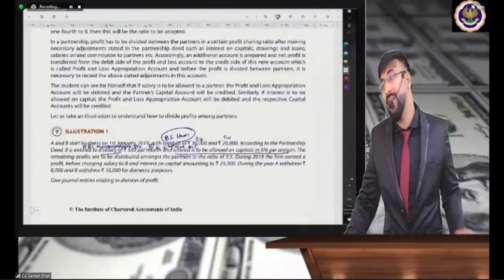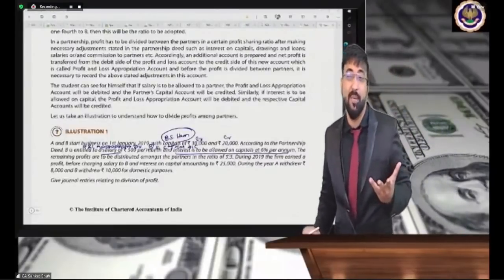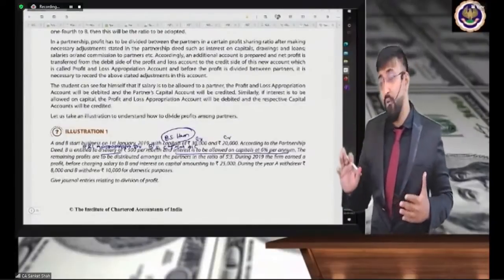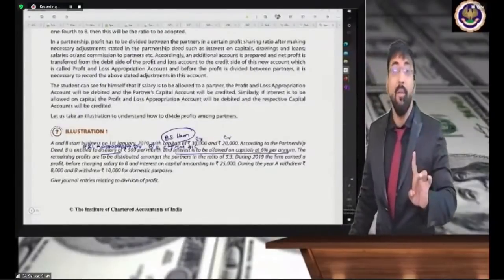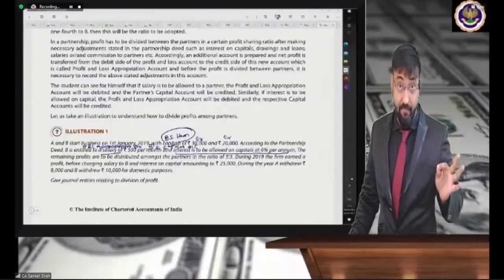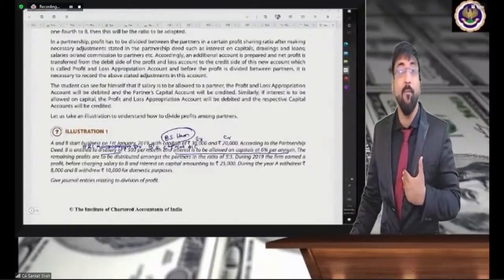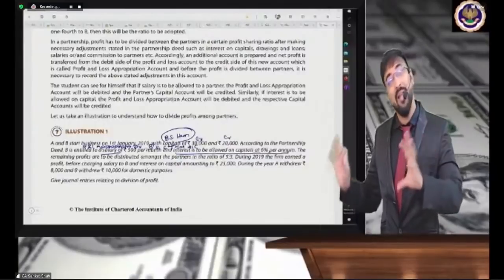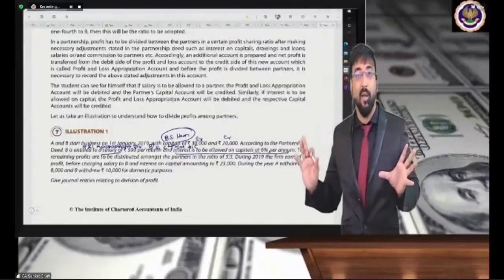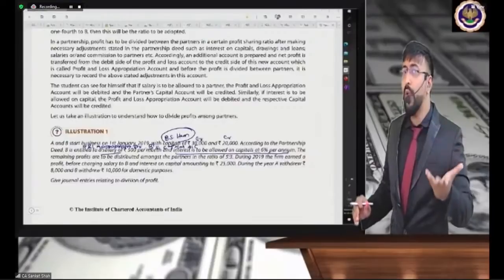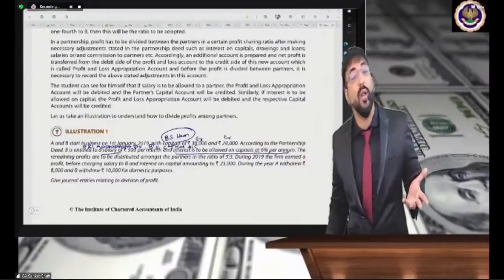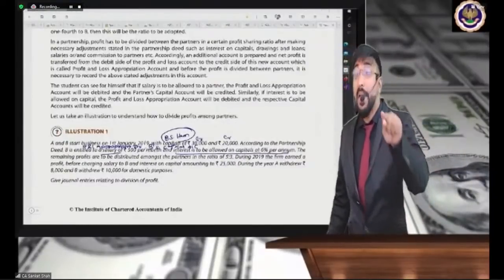A compulsory expenditure we write in the profit and loss account. It depends. Remember, accounting is an art. I'm telling you from the very first day: ultimately the balance sheet is going to tally at the same figure, but whether you record it in the profit and loss account or in the profit and loss appropriation account depends on you.